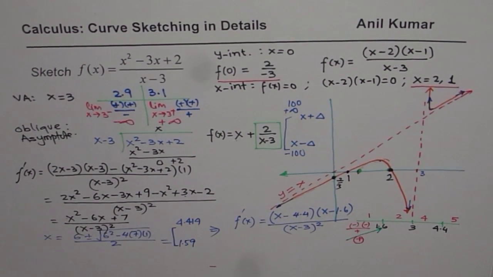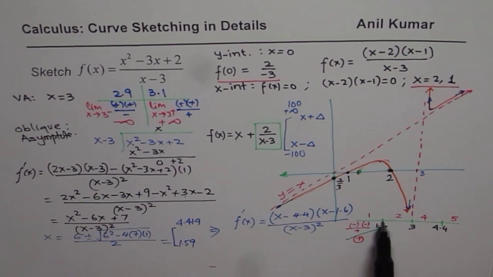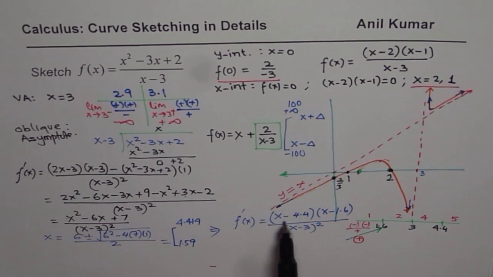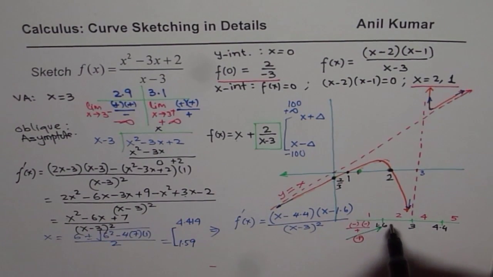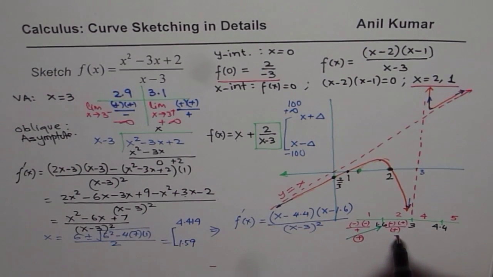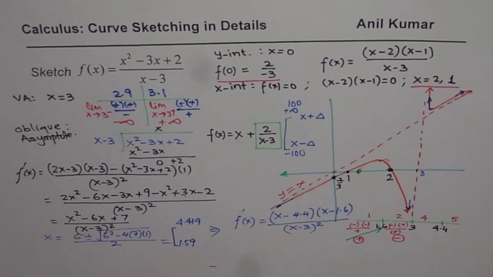Perfect. Now let us analyze the second interval, which is between these 2 points. If I write 2 here, that is negative, but this will be positive. Denominator is the square, which is positive, so we get negative here, right? Negative means that it will be decreasing, right? So it's just a decreasing interval for the function.